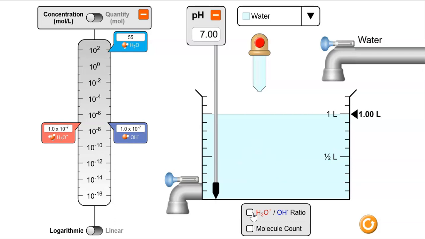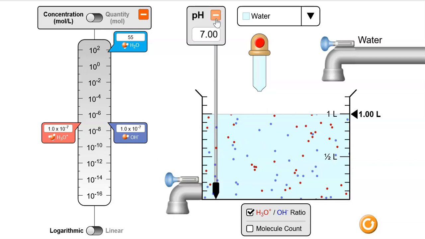Okay, so let's look at this. So our red is our acid, or H3O+, and our blue is our base, hydroxide, OH-. We can see them in here, and we see that we don't have that many of each, but we have equal amounts.